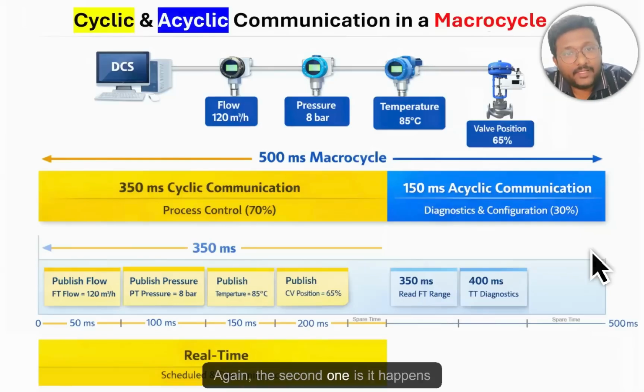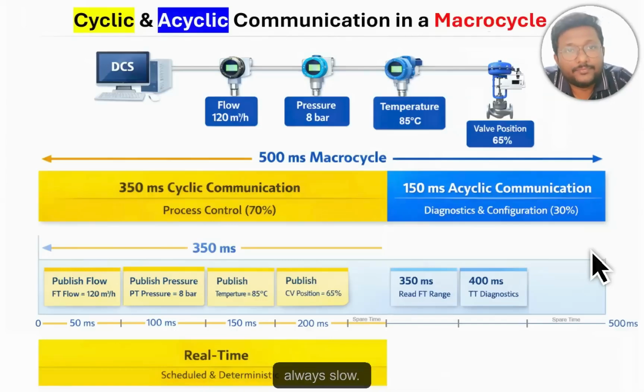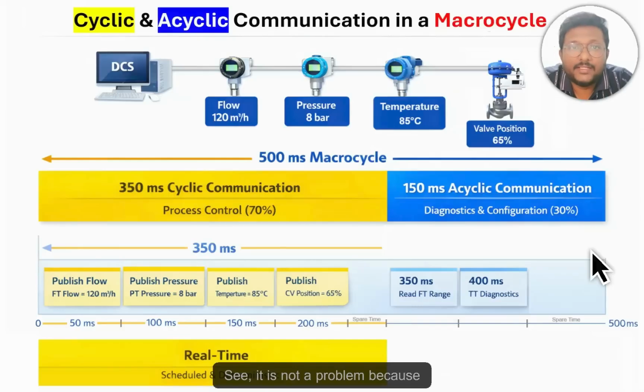Again, the second one is it happens only in acyclic communication. That means whatever you are doing with your HART communicator, it is having the lowest priority on the communication bus. That is why whenever you're dealing with your HART communicator, it is always slow. See, it is not a problem because it is designed in such a way that it has to perform like that.